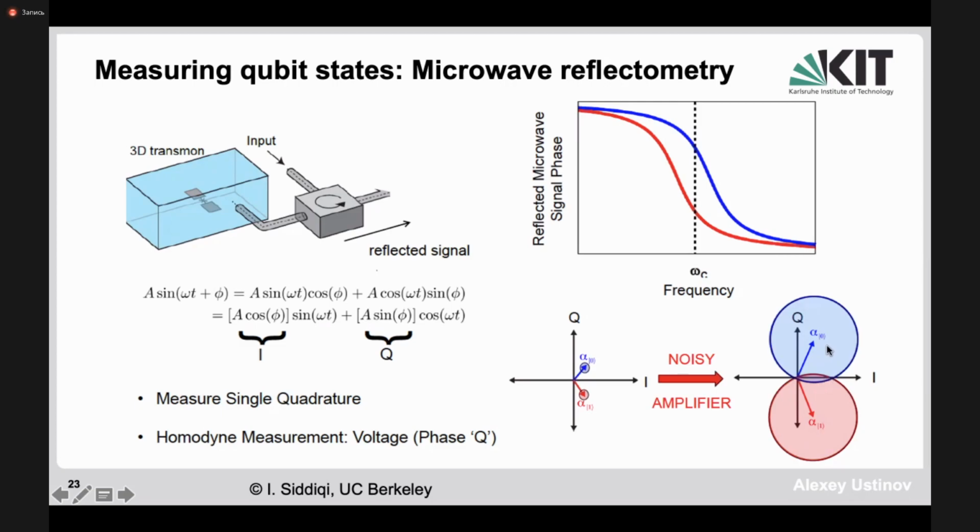And then if you count points in the area above, this will be state 0. If you count the points in the area below, this will be state 1. But in between, there will be some points, and these points will be lost if the blobs are too large. So basically, you need to find a way to separate those states. An easy way to separate them is, of course, to apply a larger signal. So if you bring this vector of large amplitude, you move the states far away, but large amplitude will have a back action on the qubit.